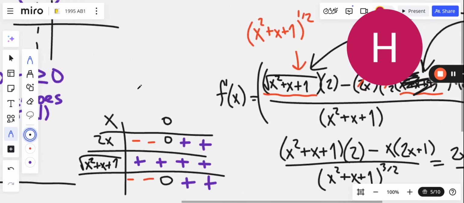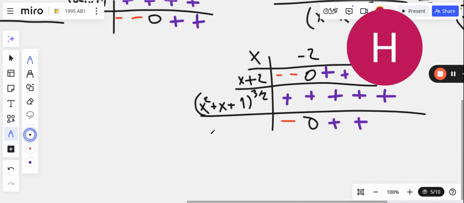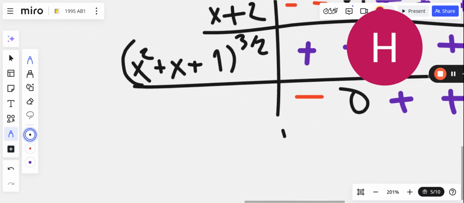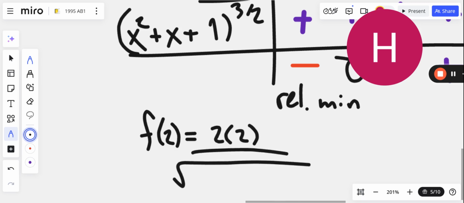So that tells us a little bit about what's happening on the graph as well. Always negative, but we do have a minimum at negative 2. Let's find the y value there. We can call this a relative min. Let's find the y value there by plugging in negative 2.